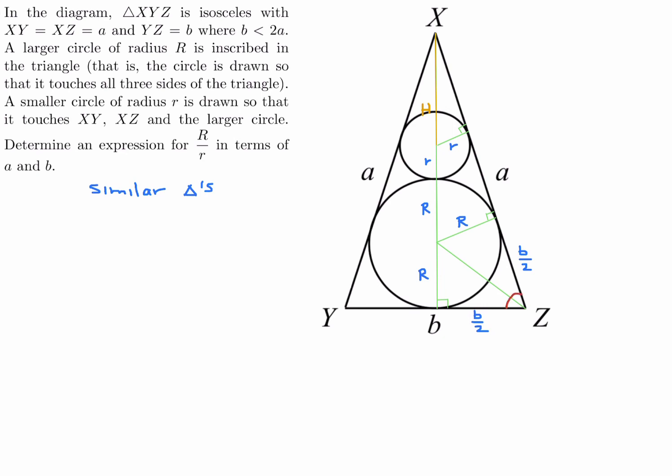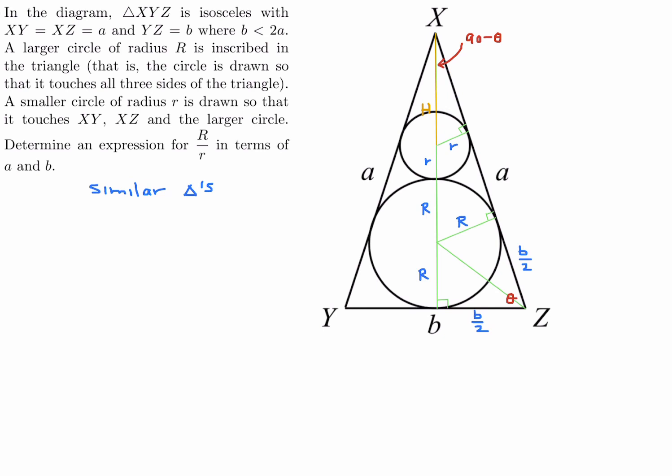So this angle right here I will call theta, and therefore that angle in there is going to be 90 minus theta. And that really is talking about that big triangle right here, since this is 90 degrees.